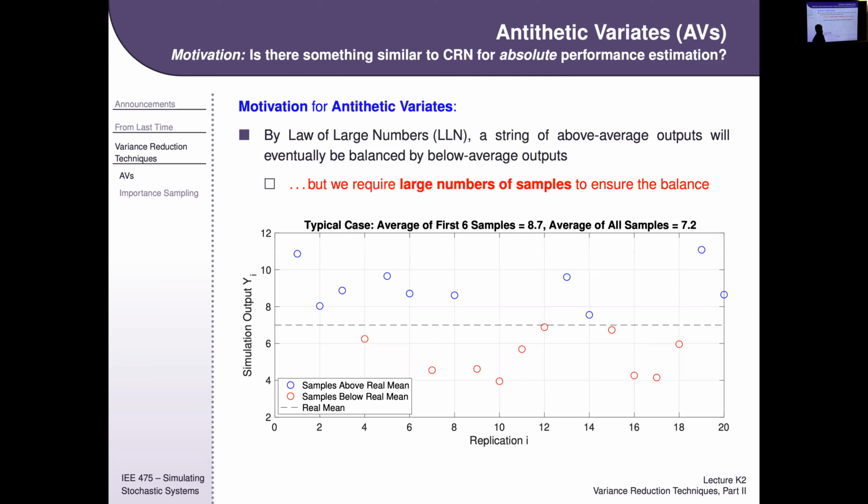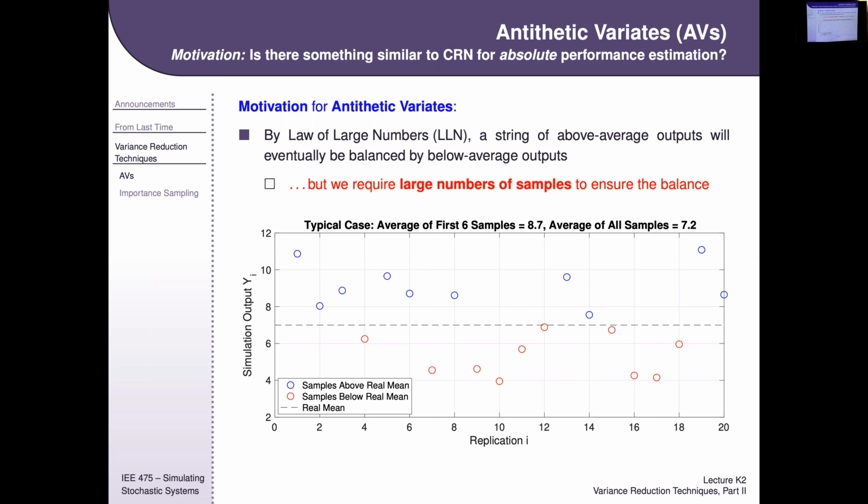And we can. So if we look at the outputs from one model, on the x-axis, these are replications, say come out of ARENA. So replication 1, 2, 3, and you've got your simulation output. Say this is average wait time or something like that. And so you see it's all over the place. Sometimes they're below average, sometimes they're above average.